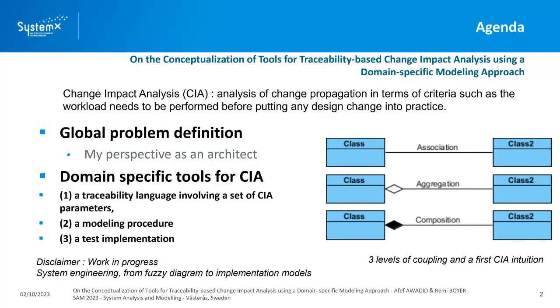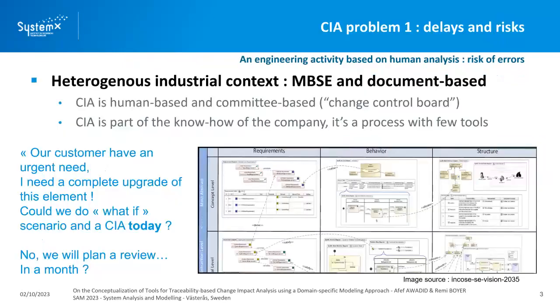We work with different partners. So sometimes it's system engineering with fuzzy diagrams, operational design, and sometimes it's more technical. So the first problem I want to highlight: delays and risks.